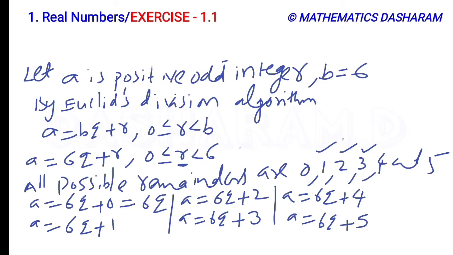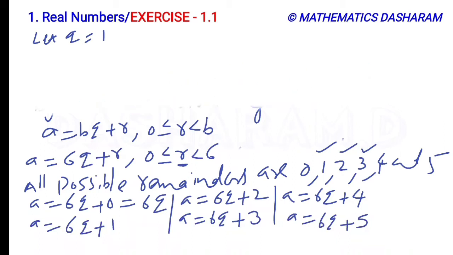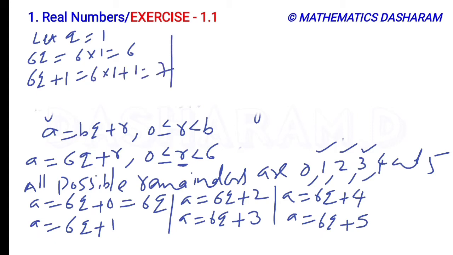As per the question, q is some integer. So let q equal 1. Let's substitute q equals 1 in the values we got here. The first one is 6q. So 6 into 1 is what? 6. The second one is 6q plus 1. 6 into 1 plus 1 is 7. Next, 6q plus 2.